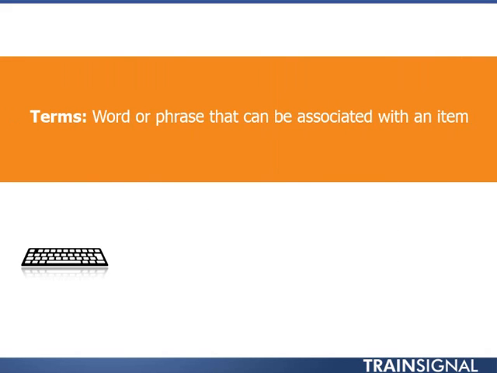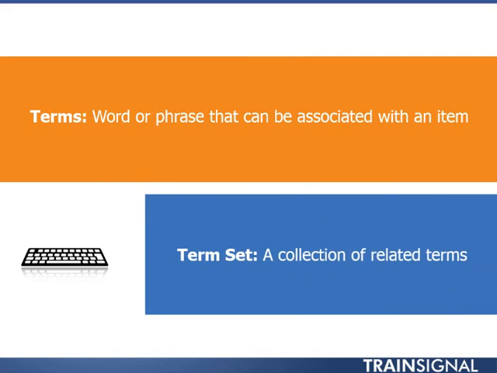Now, when we're talking about metadata, there's a couple of things that we need to understand first. One of which is terms. And quite simply, a term is a word or a phrase that can be associated with an item in SharePoint Server 2013. And term sets, which is simply a collection of related terms.